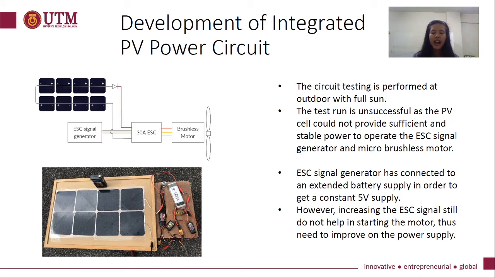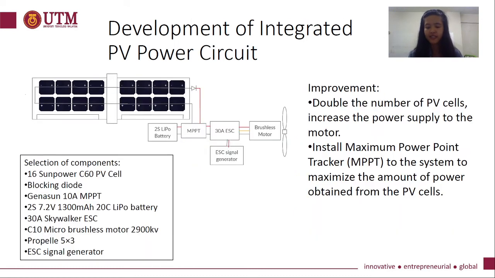I connected an external battery supply to the ESC signal generator, hoping that by increasing the ESC signal, it could start the motor. However, it was still unsuccessful. Therefore, I think I need to improve the power supply.